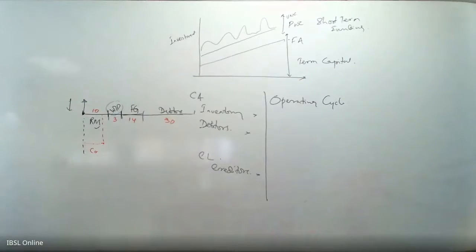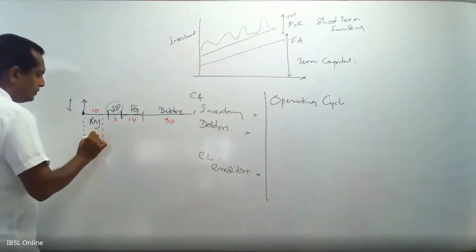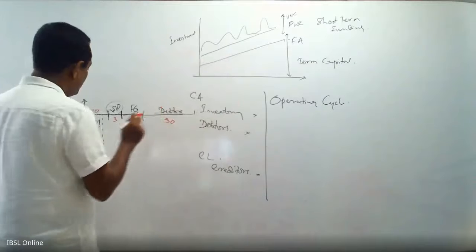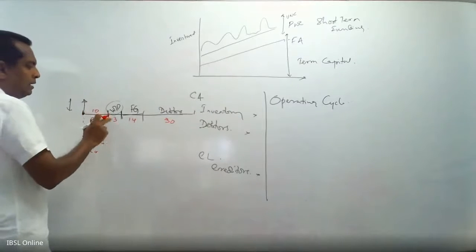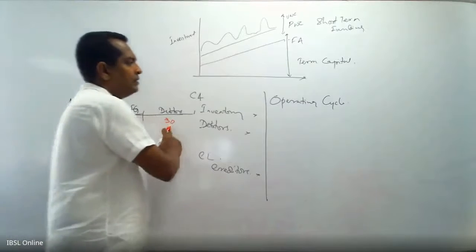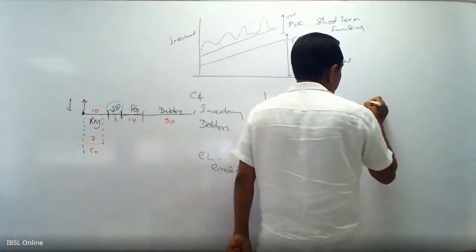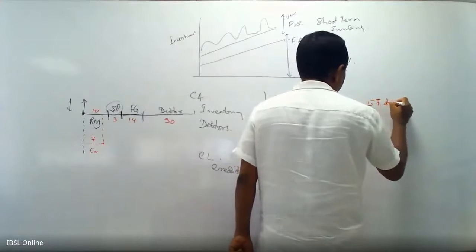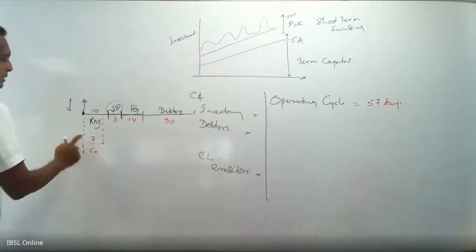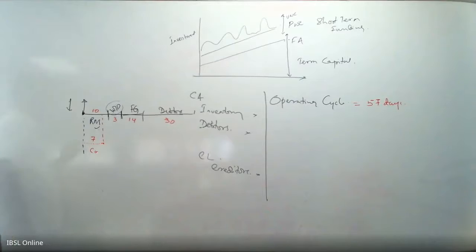You get 7 days credit from the market. So your operating cycle would be 10, 13, 27, 57 days. 57 days. Right? You are getting 7 days credit from the market.